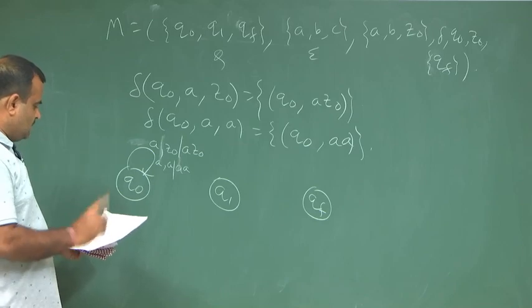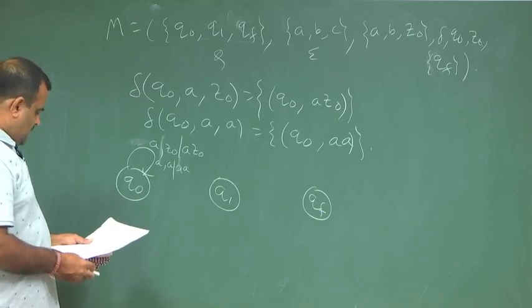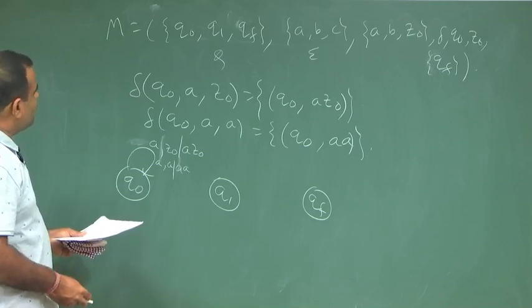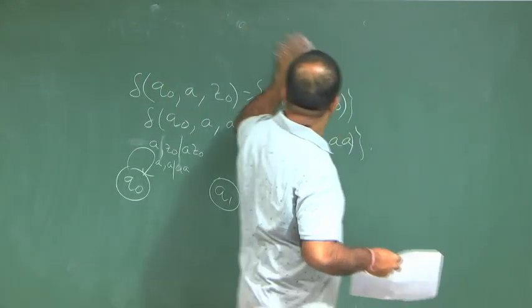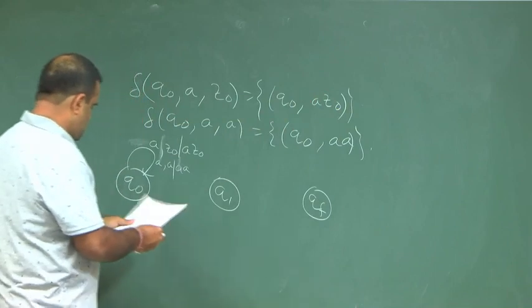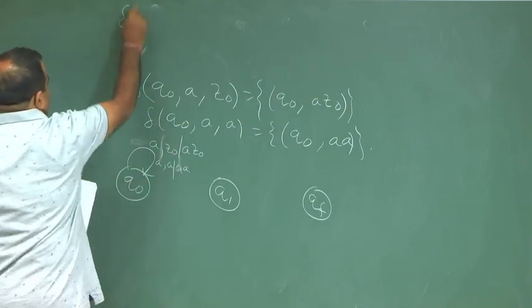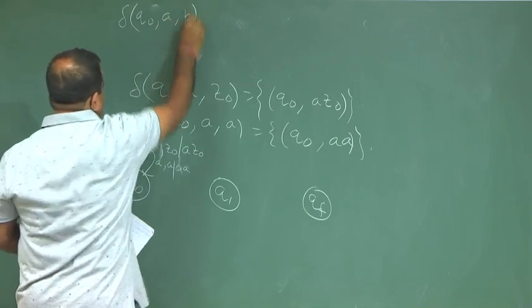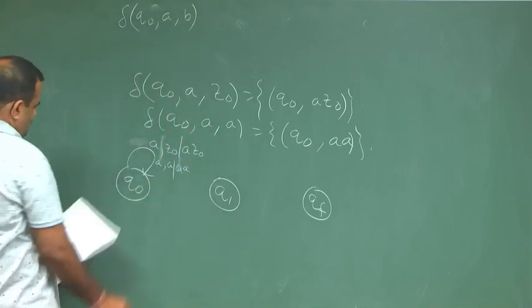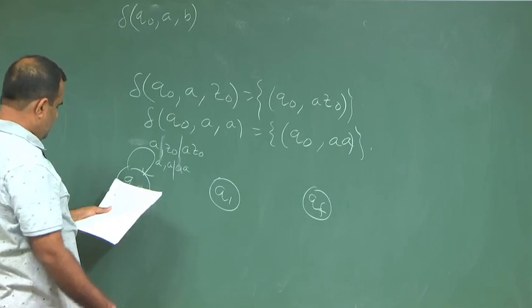Okay. So only one move is there. So let us write this here. Now delta of Q0 A B. Suppose it is again at Q0.